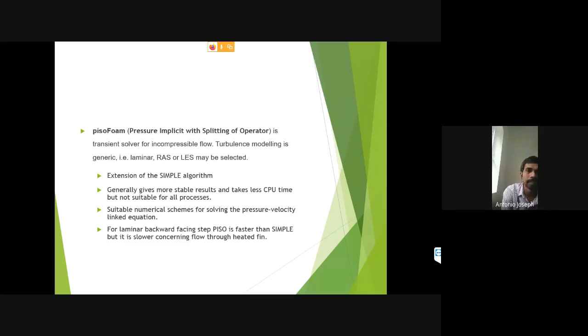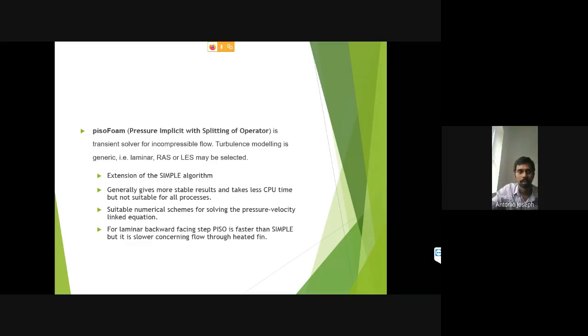It's an extension of the SIMPLE algorithm, which we will be discussing later. Generally, it takes more CPU time, which is a bit of a problem because LES and RAS simulations take some time and need suitable numerical schemes. Computationally it is a little difficult and time consuming.